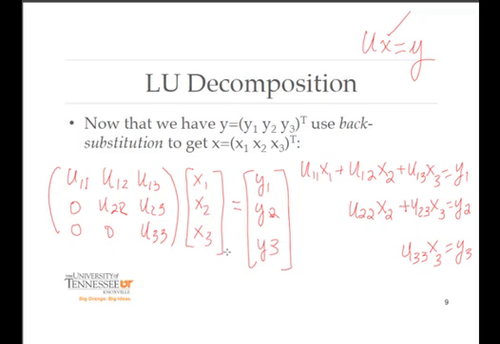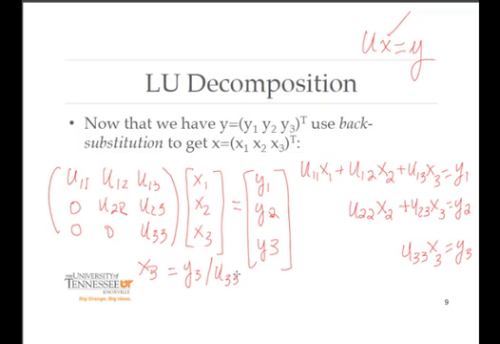You can immediately see that I can get x3 very simply. I can get the last component of the solution by just taking y3 and dividing it by u33. Again, these are just real elements. u33 is just some real number, and we're dividing it into y3.